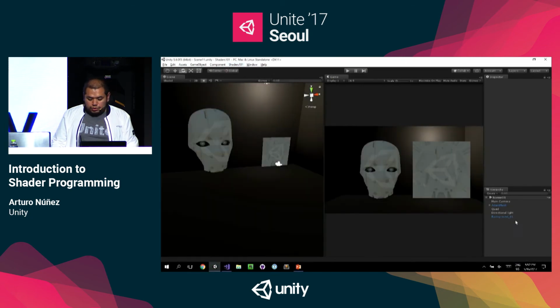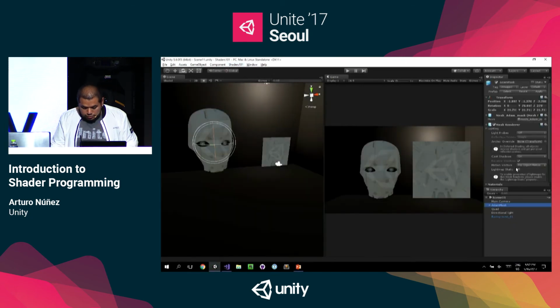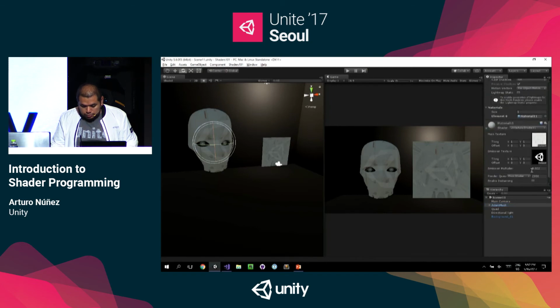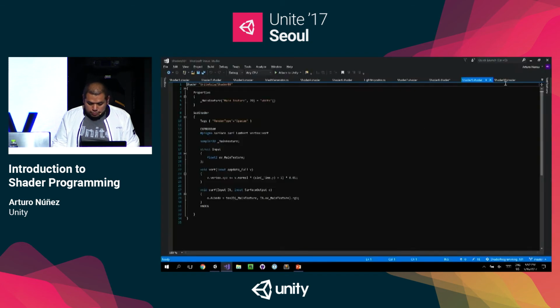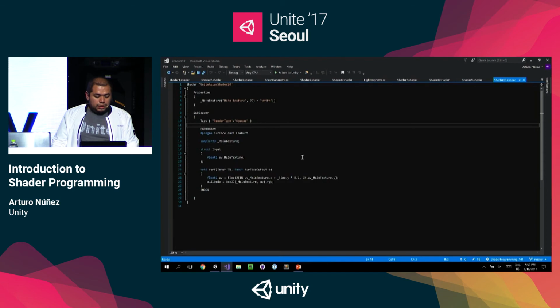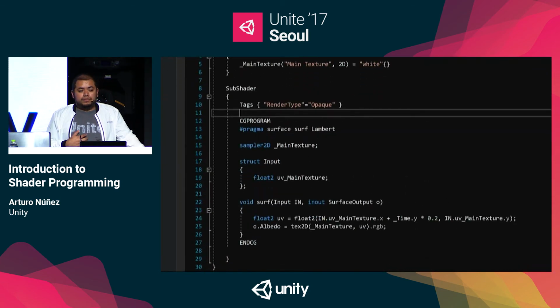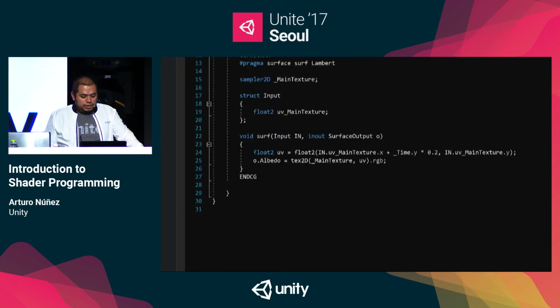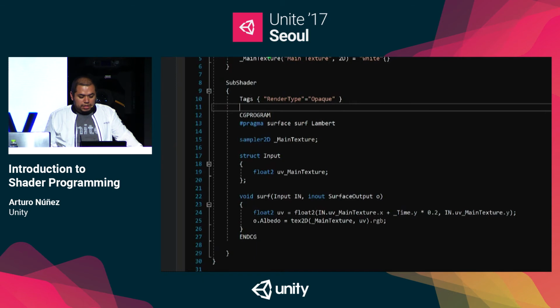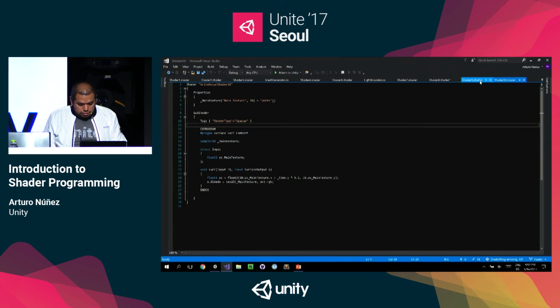Back to what we were talking about. If we're using surface shaders, we can also assign stuff to our Unity objects. So in this case, I'm using the same thing. Everything is the same, but I'm also setting the... oh, this is not.